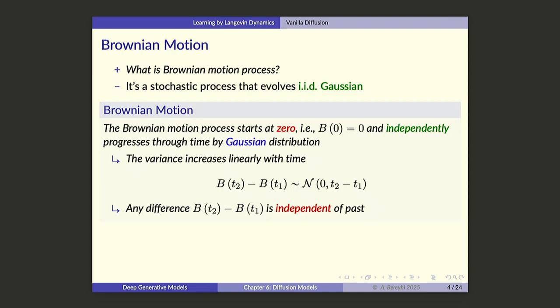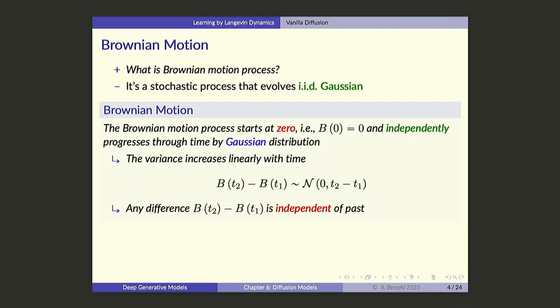One other property is that when you look at one interval, the Gaussian random variable describing this difference is going to be independent of any other difference in a time interval which is not overlapping, right? So if you go from time 0 to time t1, and then from t1 to t2, the difference between t2 and t1 is independent of the difference between t1 and 0, right?